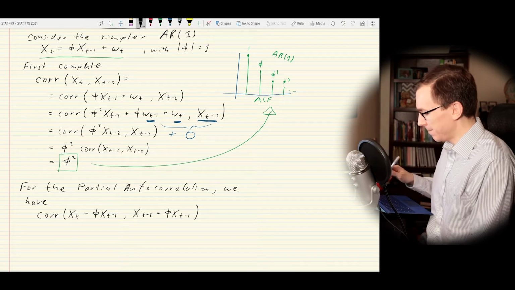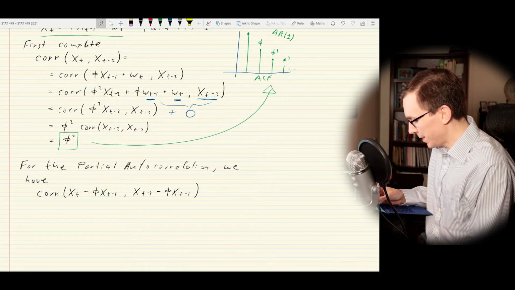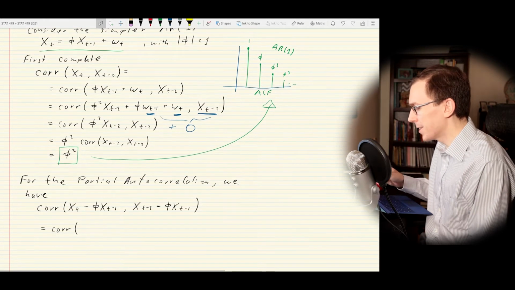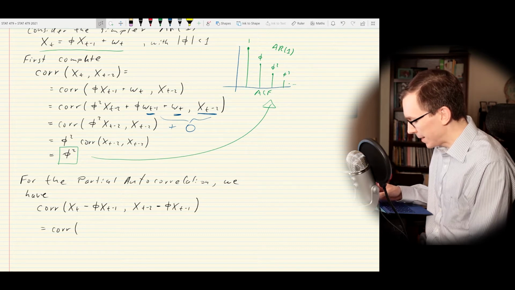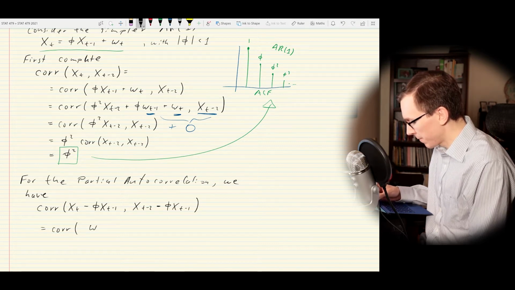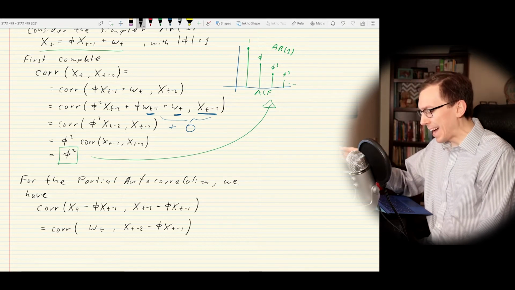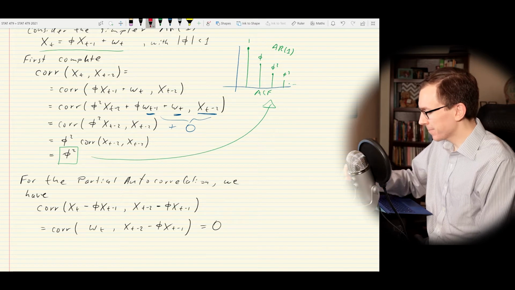This is even easier than the previous one, because using the definition underlined in green, we know the left argument is just white noise, WT. And we won't even touch the right-hand side, because it lies in the past of WT. So this is just 0.